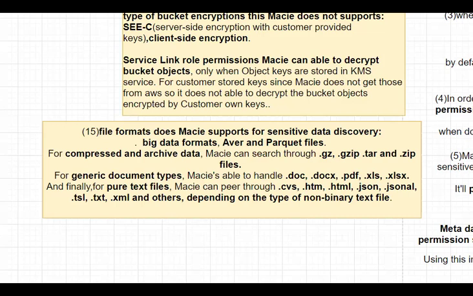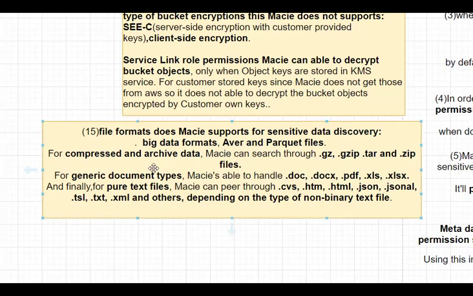For big data formats, Macie can handle both Avro and Parquet files. It also supports compressed and archive data, so Macie can search through .gz, .gzip, .tar and .zip files.